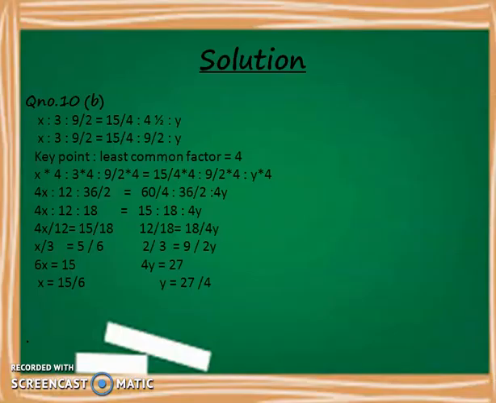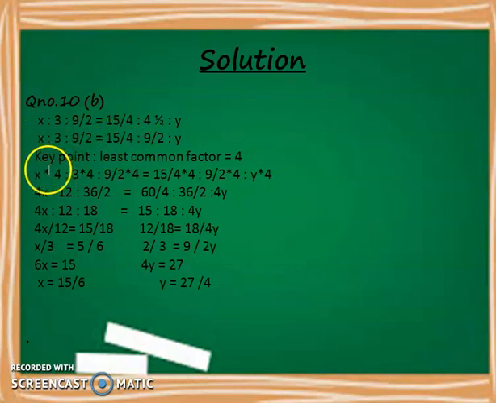Okay, the next part is that I have to find out the value of x and y. So x ratio 3 ratio 9 by 2 is equal to 15 by 4 ratio 4 whole 1 by 2 is ratio y. First of all, I will solve this whole number. 2 4s are 8 plus 1 is 9 by 2. Again I will multiply all the terms with the least common multiple, and here the least common multiple would be 4.